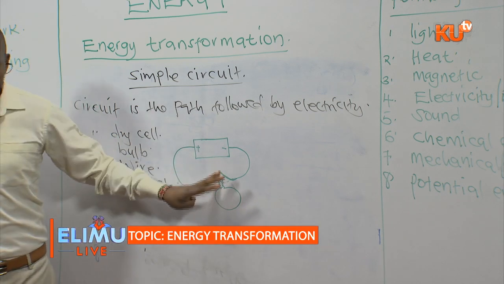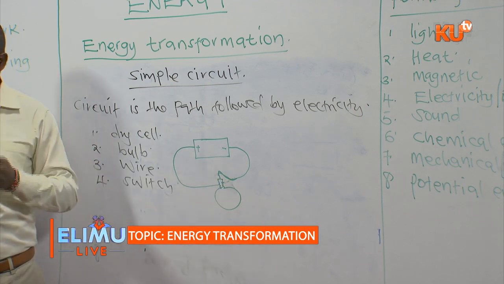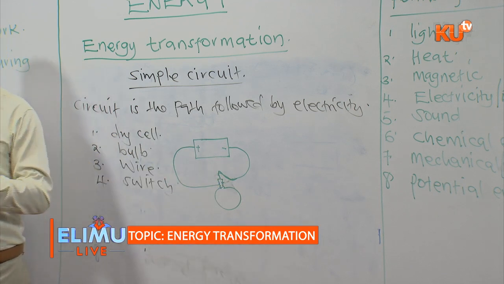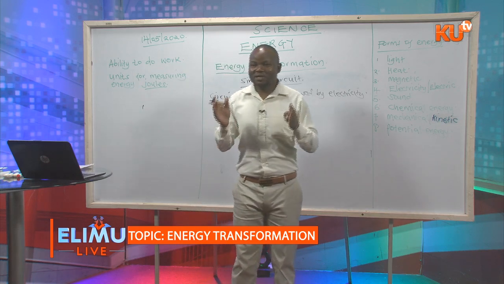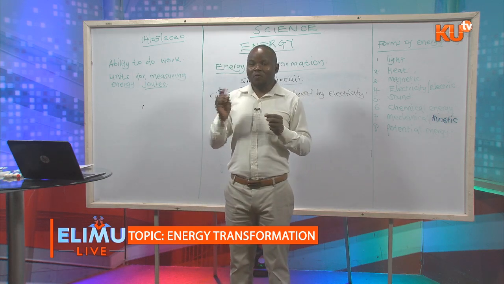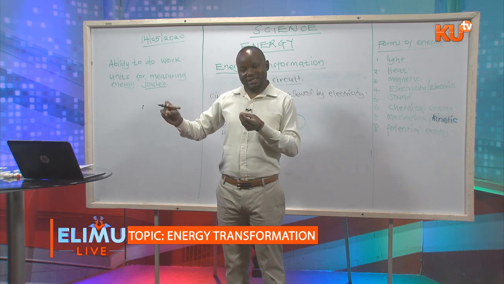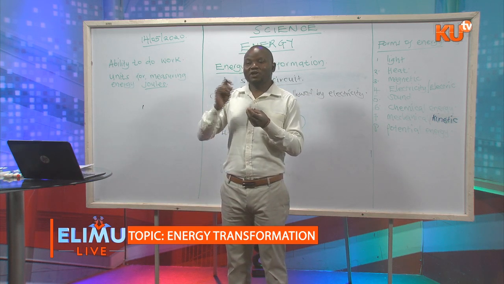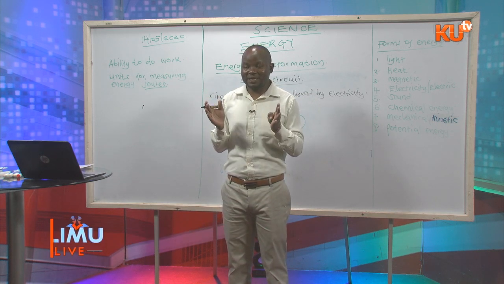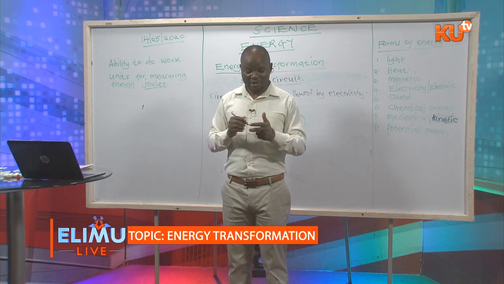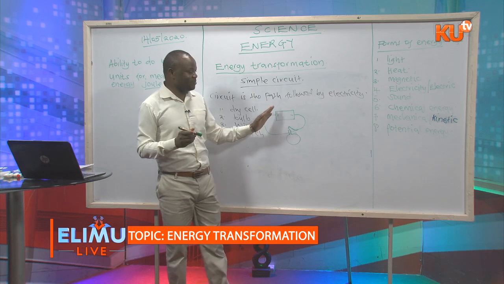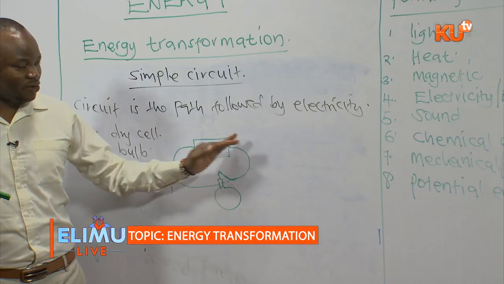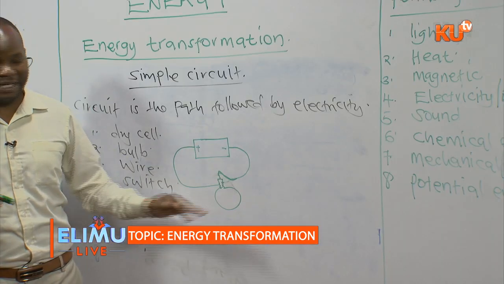Why am I drawing a complete circuit? Because a complete circuit is the only place where we can see energy transformation. When the circuit is not complete, you cannot identify or see energy transformation. So I've drawn this to show that the energy is being moved from this part until the end.